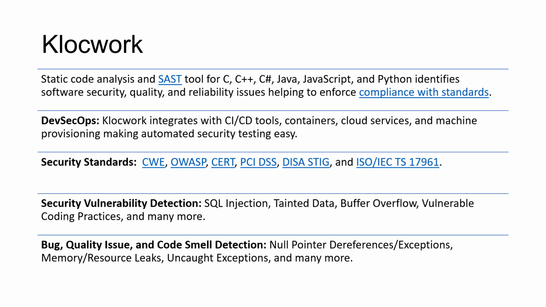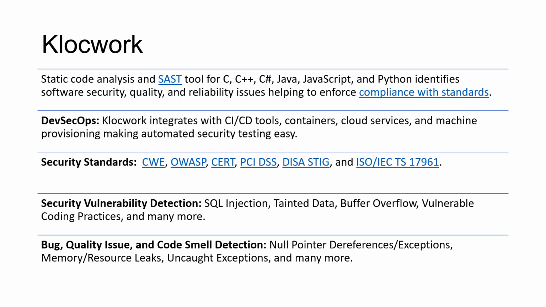For example, if your organization policy says method cyclomatic complexity level should not go beyond 30, you can set that as a threshold in Clockwork so that whenever any method in a file crosses a method cyclomatic complexity level of 30 plus, Clockwork will throw that as an issue with warning category in the Clockwork report. So like that, you can have file density, method cyclomatic complexity, comment density. There are so many metrics that are supported in Clockwork.